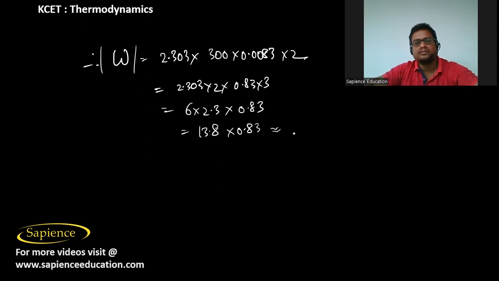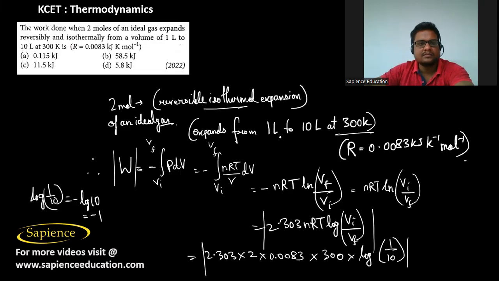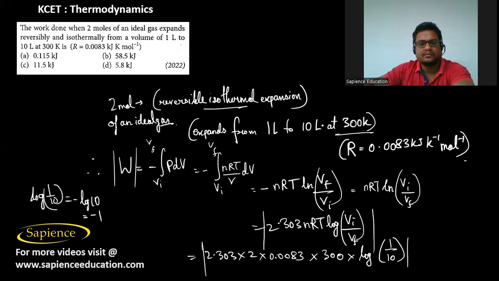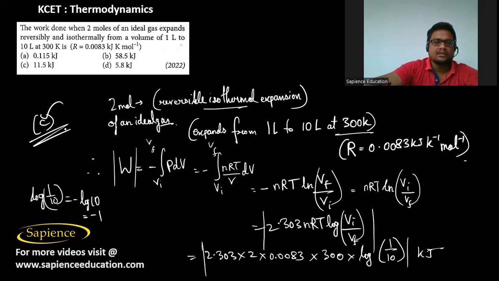So this is approximately slightly less than 13.8, that is 11.5 kilojoule. Here, since R is given in kilojoule per Kelvin per mole, the answer will come in kilojoule. So option C is the correct answer.